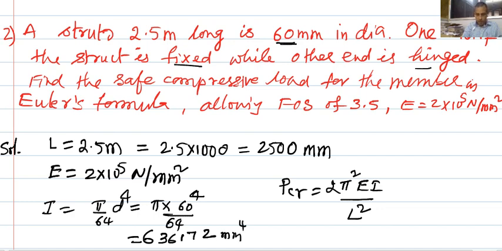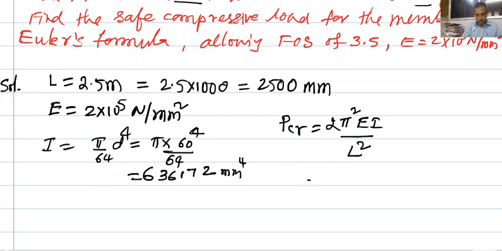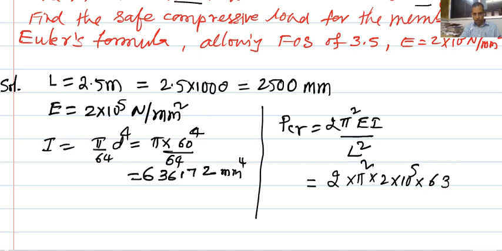So if I substitute all this here in this PCR, because I got length, I got moment of inertia, right? Simply substitute 2 into pi square E is 2 into 10 power 5, I is 63,61,72 divided by length is 2500 whole square.